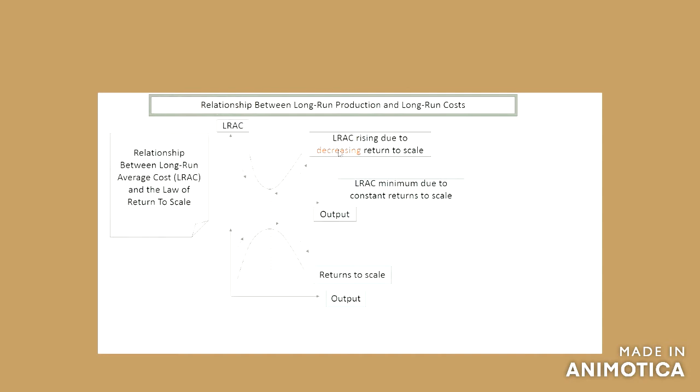First, LRAC will decrease, falling due to increasing returns to scale at first, and then it reaches LRAC minimum due to constant returns to scale, and then it will increase due to decreasing returns to scale.